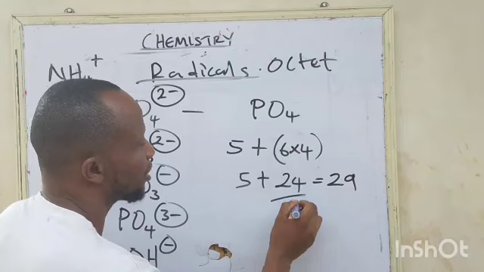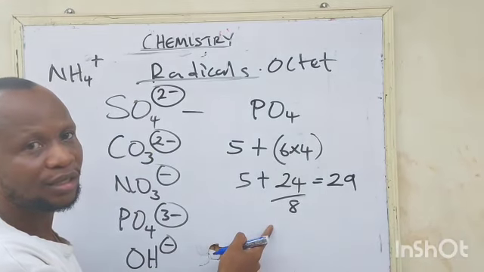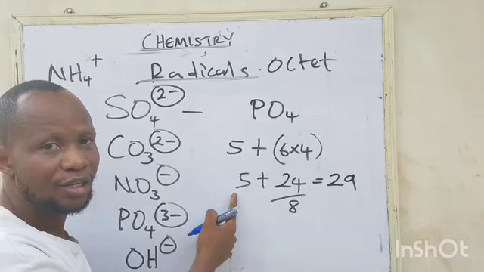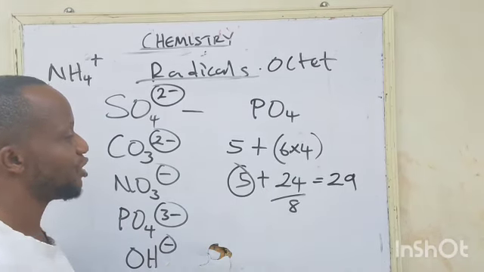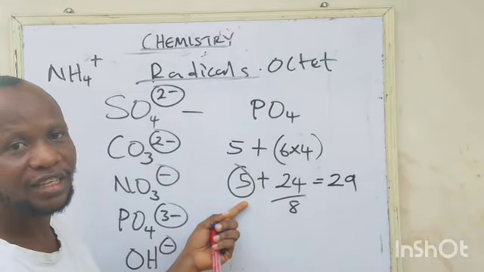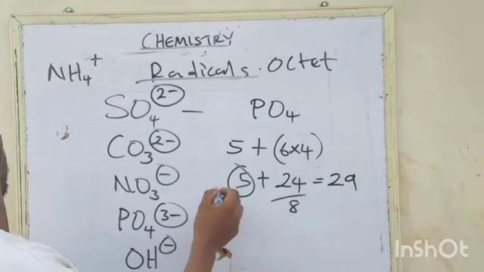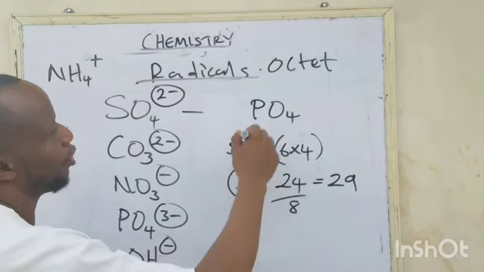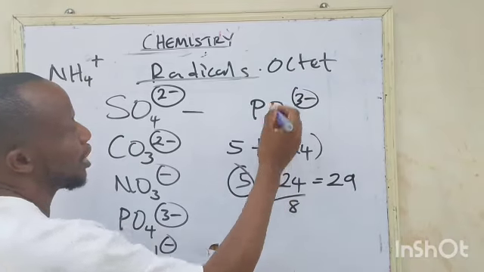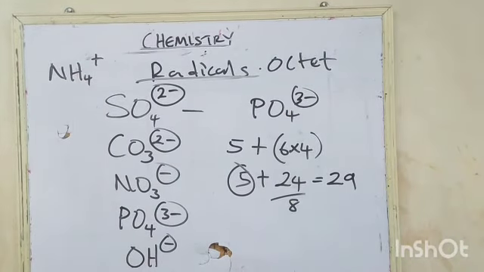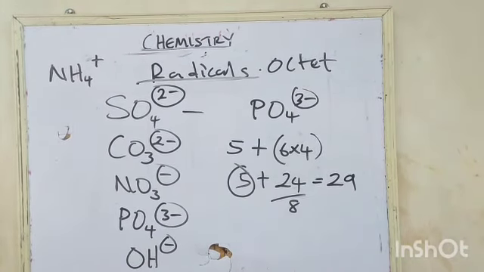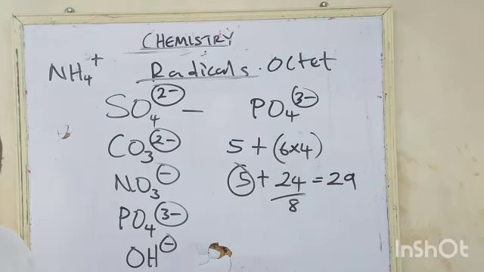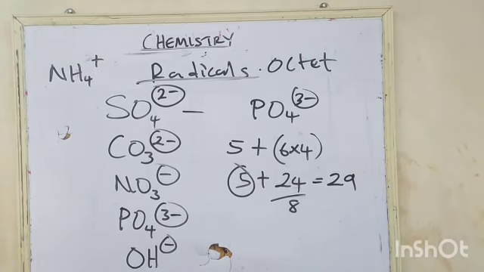We have 3 octets here, and then we are left with 5. For this to reach the final octet, we need 3. So 3 electrons are deficient. Therefore, 3 minus is the charge of the PO4 radical. With this, I believe we now understand how to calculate the charges on each radical.